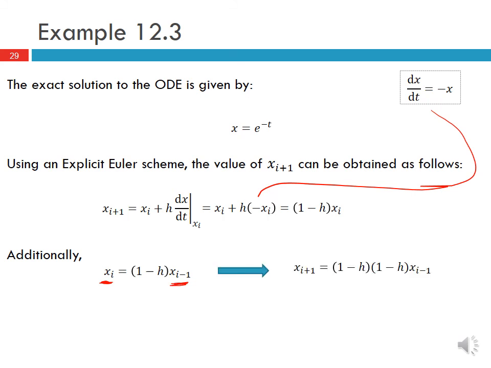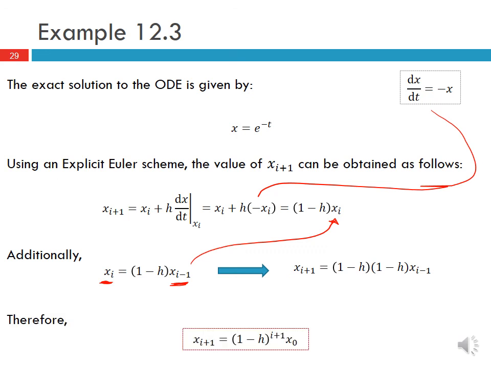So this means we can plug this in to here. So x_{i+1} is equal to 1 minus h times 1 minus h times x_{i-1}. So we can write this generally as x_{i+1} is equal to (1 minus h) to the power i plus 1 times x0, relating x at any time step i plus 1 to the initial condition x0.